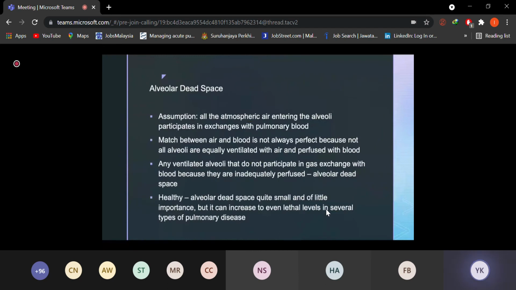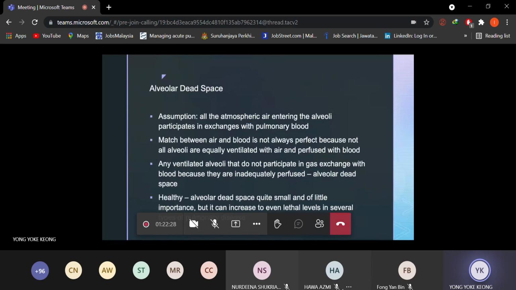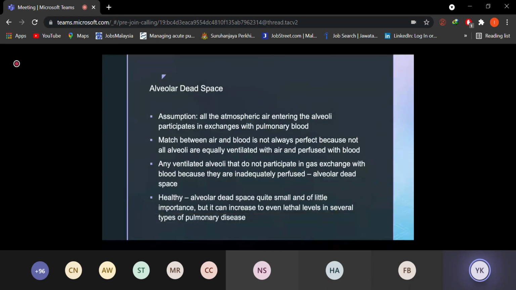As for the alveolar dead space, we assume that all the atmospheric air entering the alveoli participates in the exchange with the pulmonary blood. But the match between the air and the blood is not always perfect, because not all alveoli are equally ventilated with air and perfused with blood.